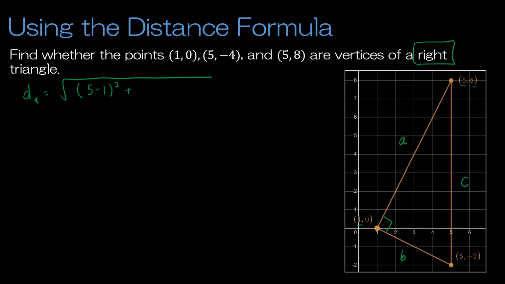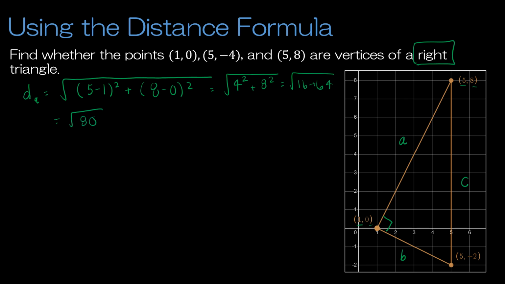So 8 minus 0, quantity squared, which is the square root of 5 minus 1 is 4, 4 squared. 8 minus 0 is 8 squared. So that gives me the square root of 16 plus 64. So that is the square root of 80.